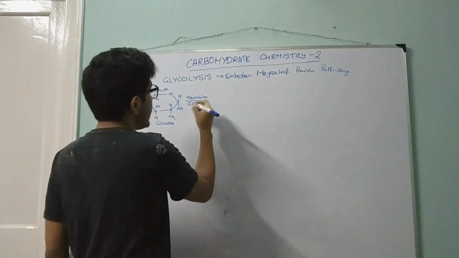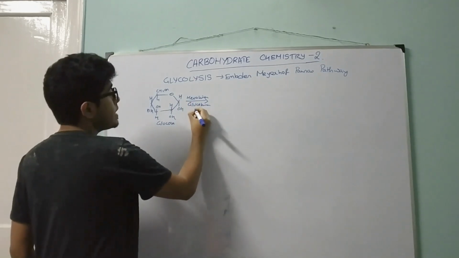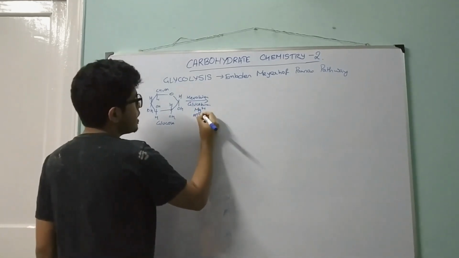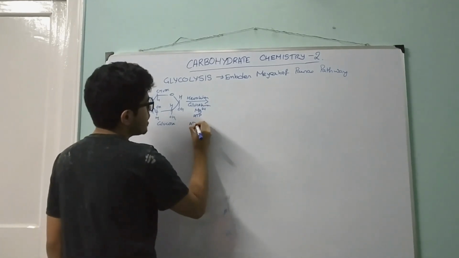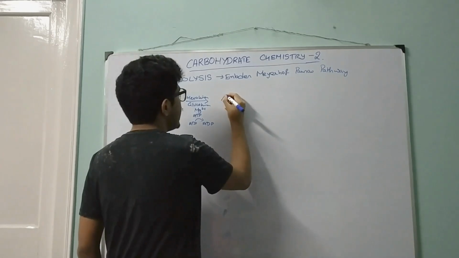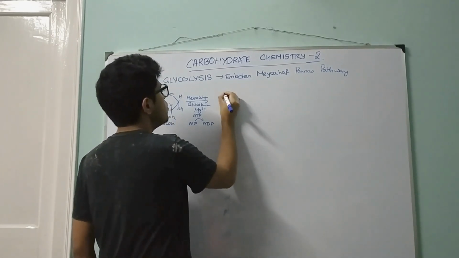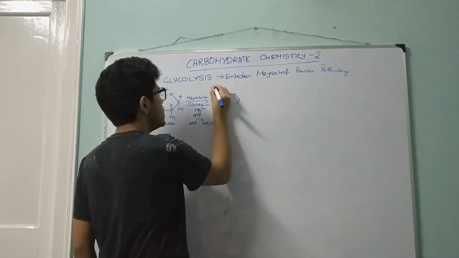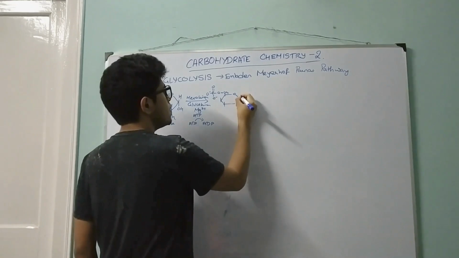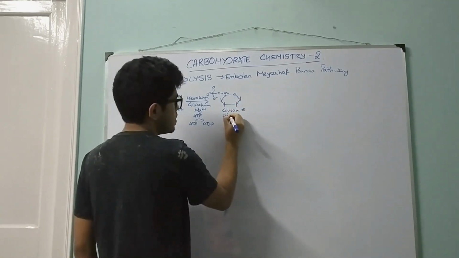When it's acted upon by glucokinase or hexokinase, it requires the Mg2+ ATP complex. The ATP molecule gets converted to ADP, and we finally get the product called glucose 6-phosphate.